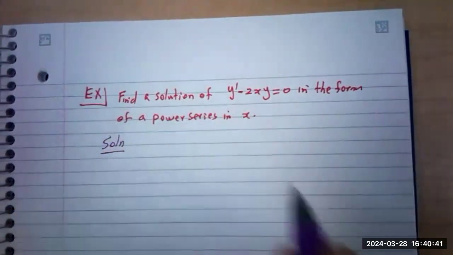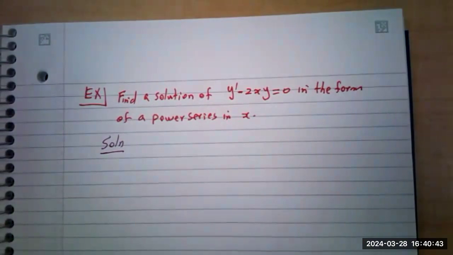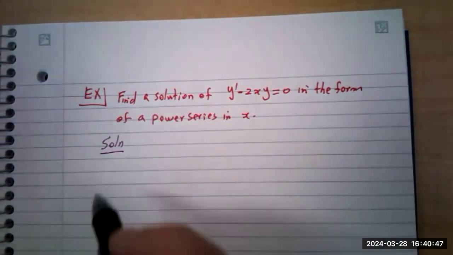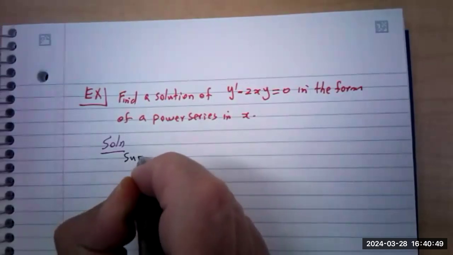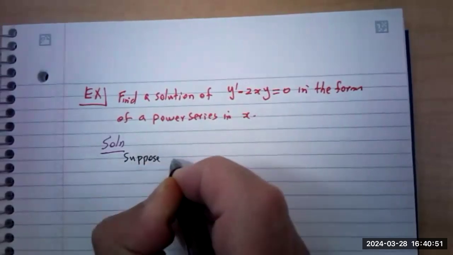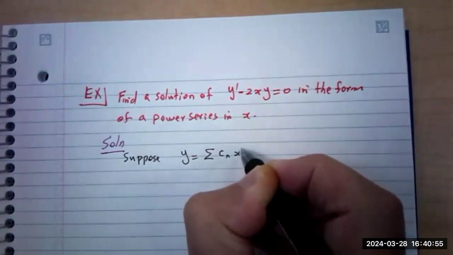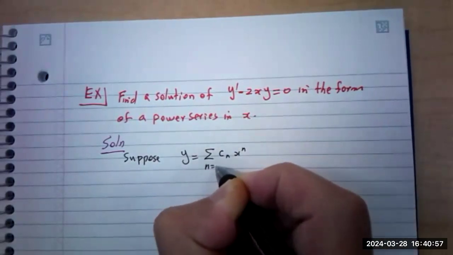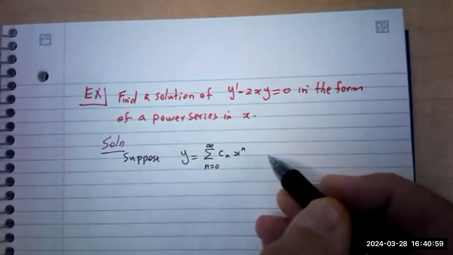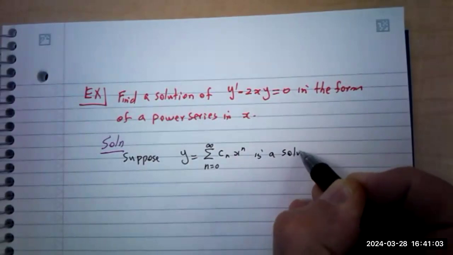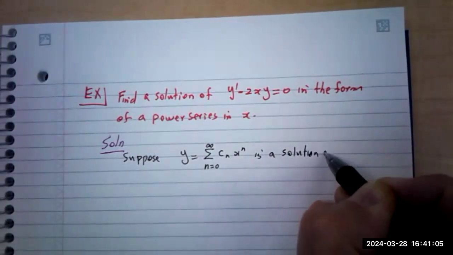You suppose the solution is just a power series, okay? So your y is going to be your function. You suppose y equal to sigma of Cn x to the n from 0 to infinity is a solution of the equation.